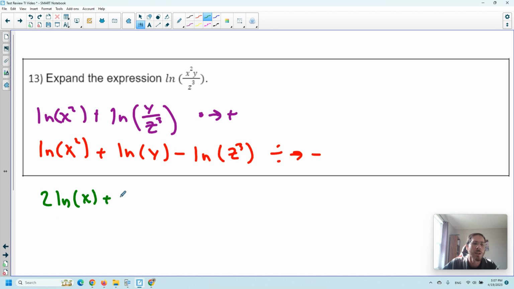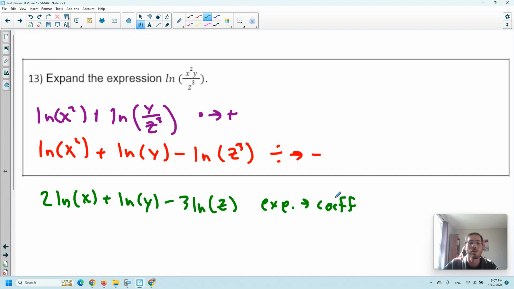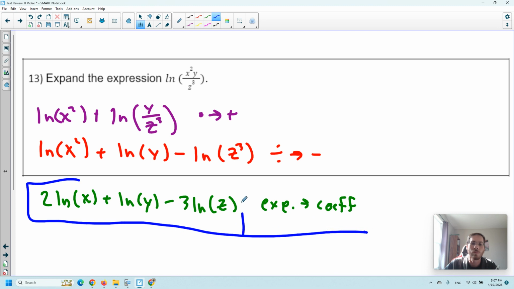So 2 ln x, there's nothing on y, so we leave that as ln y, minus 3 ln z, so exponents to coefficients, or exponents to multiplication. We could simplify. There's nothing to simplify, so this is our final answer. That's it.